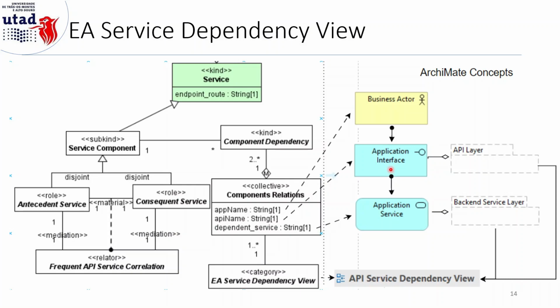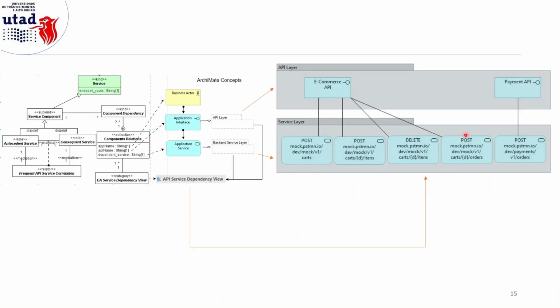Then the same logic is applied to the attribute app name that is mapped to business actor. Then this figure presents the mapping of the concepts to the ArchiMate model based on our e-commerce example with the API layer and the service layer.